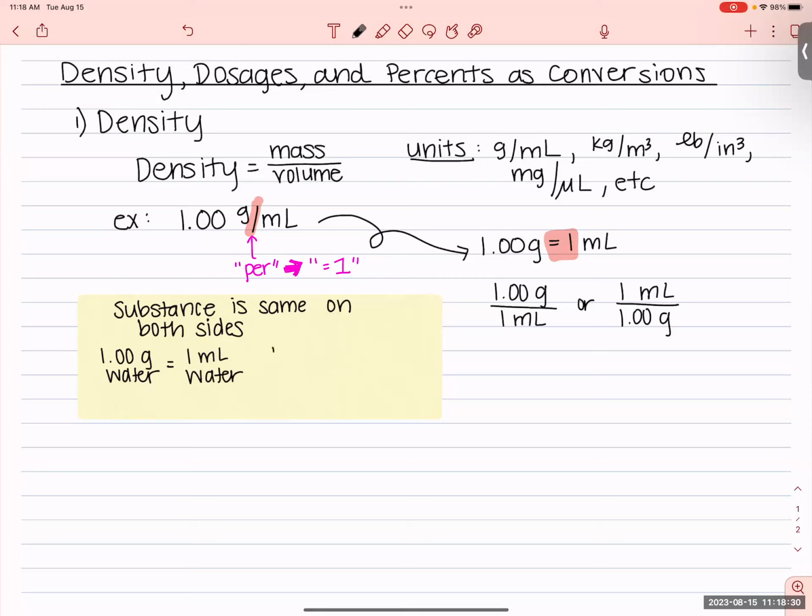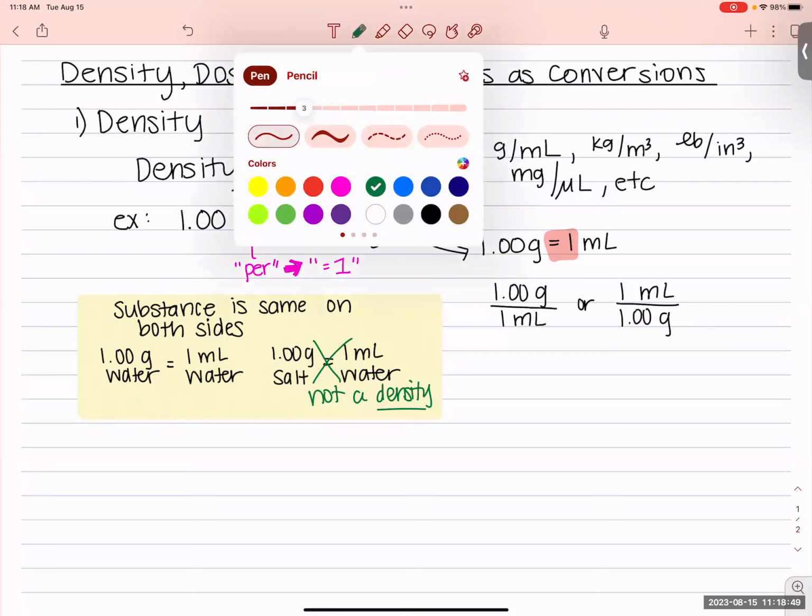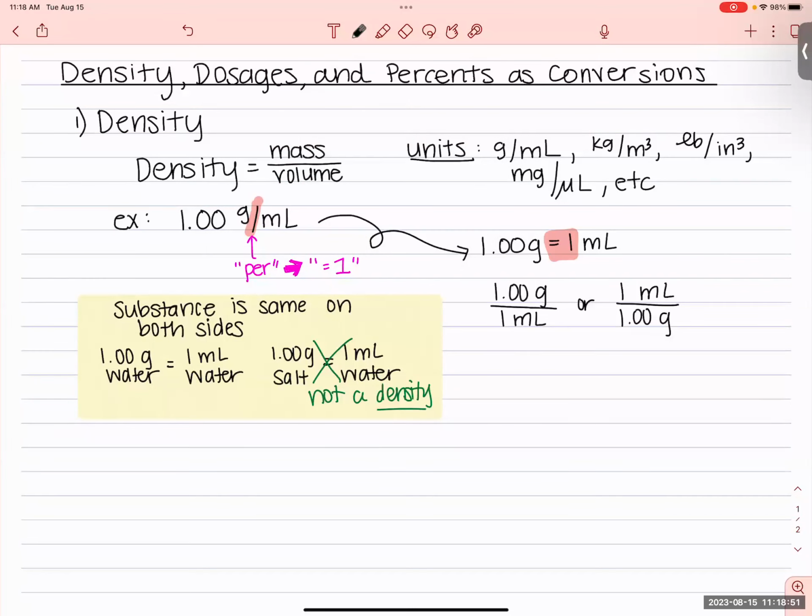It wouldn't be like a gram of salt in a milliliter of water. Okay, that would no longer be a density. I mean, you could have that as a conversion, but it's not a density anymore. So a density is the mass of a thing and the volume of the same thing. So the substance is the same on both sides here when we talk about density.